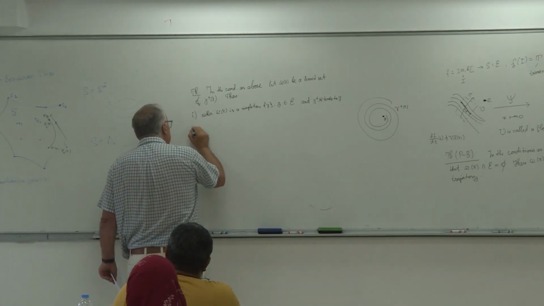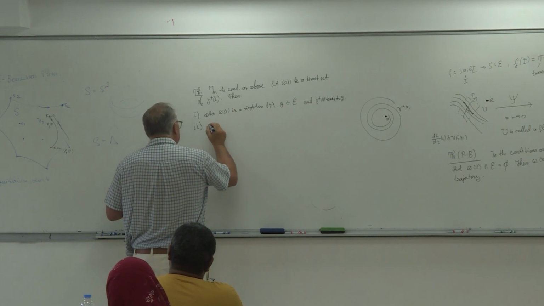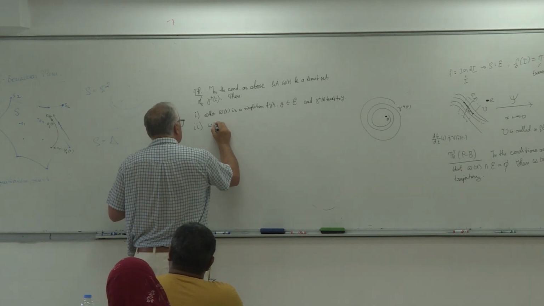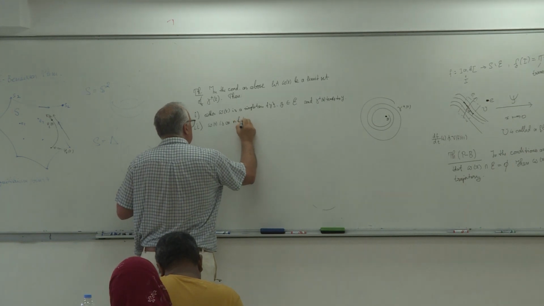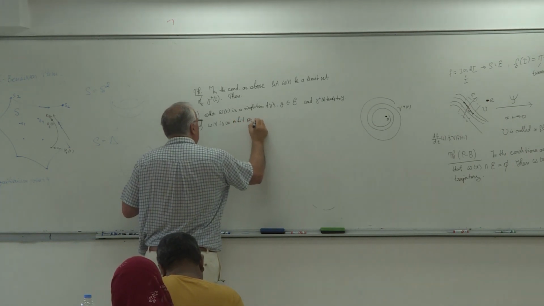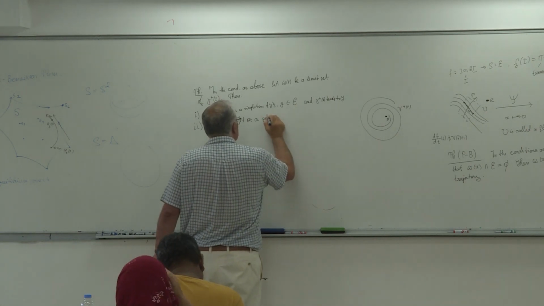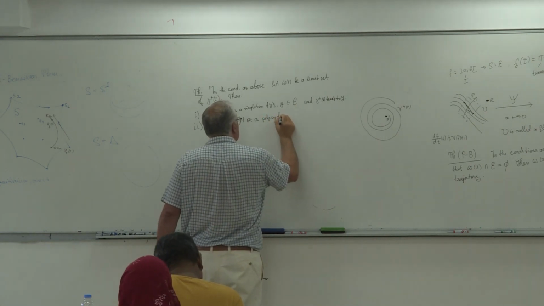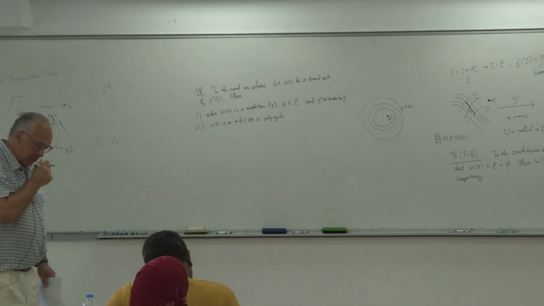And second possibility, omega x is an orbit or a polycycle. So what does that mean?